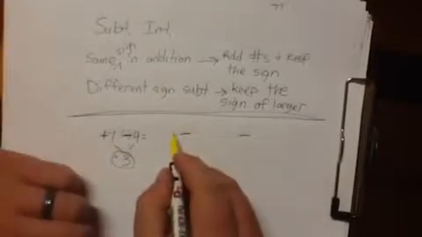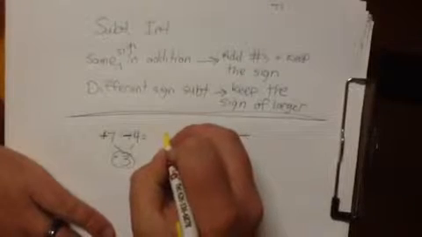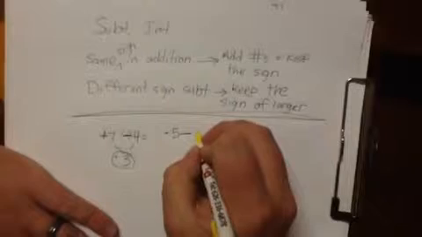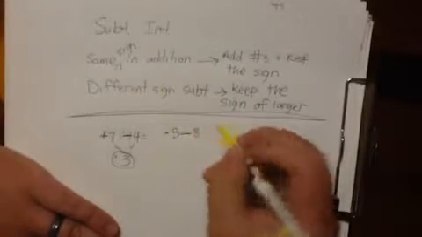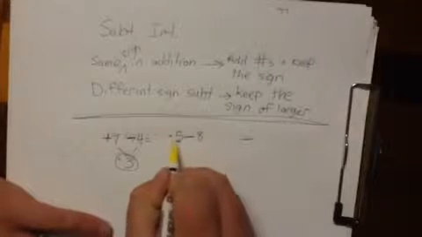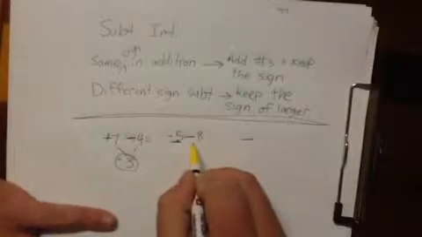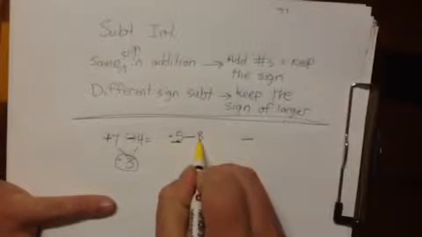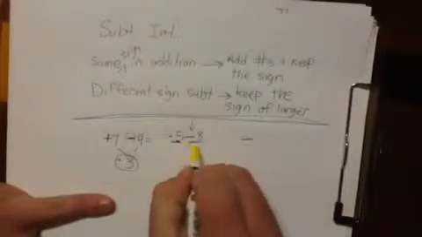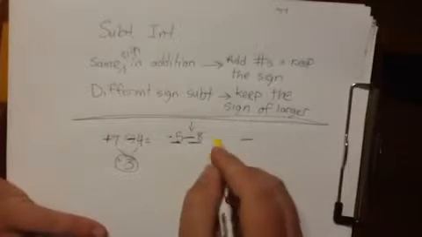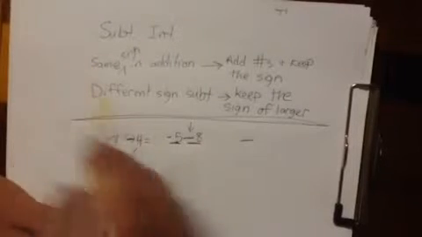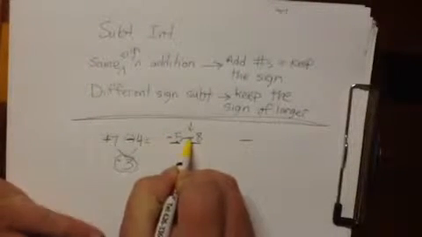Well, this middle example, let's go two different integers, negative 5 minus 8. Remember, this is a negative 5, and this says minus 8. But remember, this sign right here goes with the number in front of it. So essentially, these signs are the same. This falls under this rule: a negative and a negative.